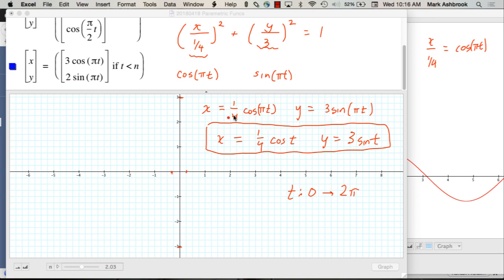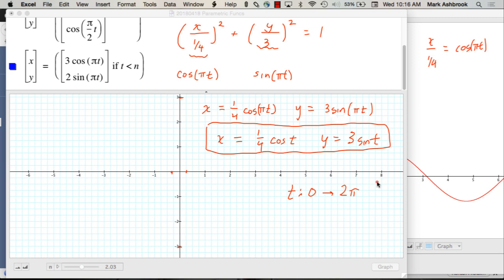Cosine pi t and sine pi t is going to get the whole ellipse for less change of t. Only 0 to 2 will get us the whole ellipse. But this one will take t varying from 0 to 2 pi. Okay, so we can change the argument to anything we want as long as they're the same. They've got to be the same.